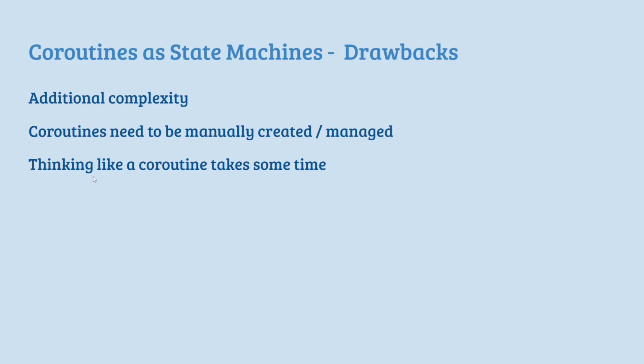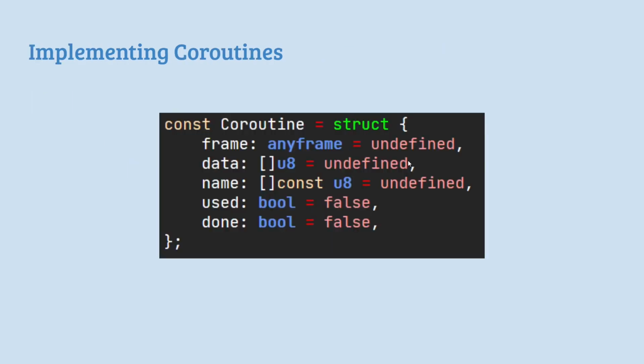And even thinking like a coroutine takes some time. So to get the hang of using these, it might take some time to figure out exactly what a coroutine is, how it works, and where it can be used. So these are some of the drawbacks for using coroutines for managing UIs. So now we'll talk about how this was implemented.